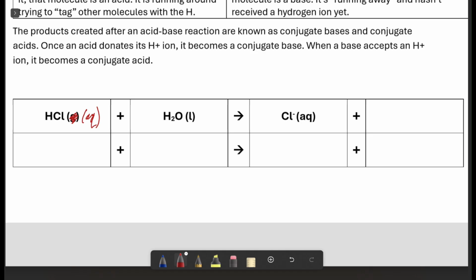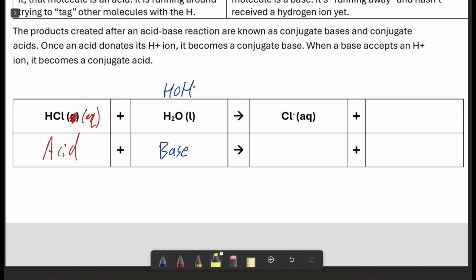Is this an acid or a base? This is an acid. H2O, what is that? Water. It's acting as a base. Remember I said H2O can be written like HOH?